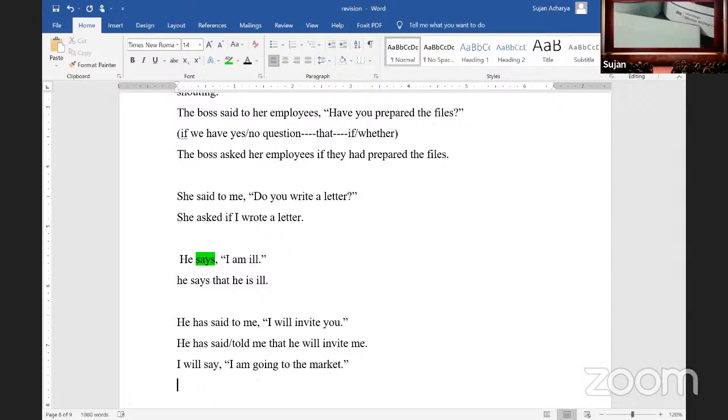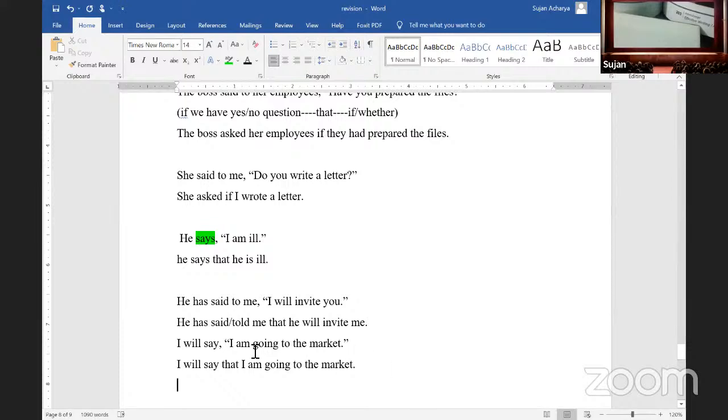Done. I will say that I am going to the market. No change. Why? Because this is in simple future tense, will plus P1. So no change in the tense of the sentence in direct speech.